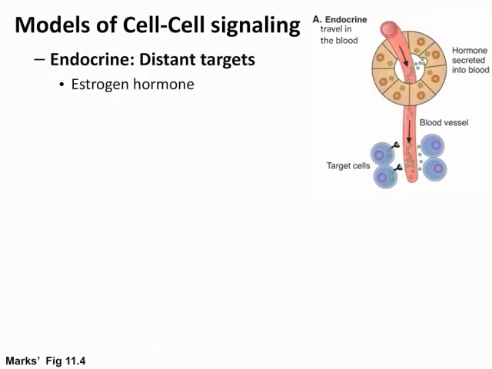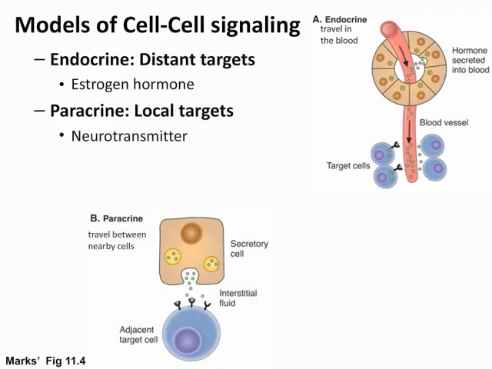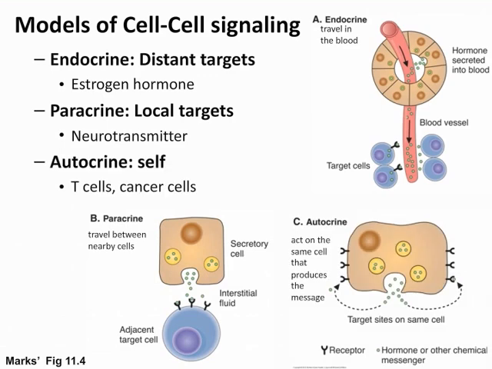So chemical messengers are often classified as either endocrine, paracrine, or autocrine. So it's important to know the difference between the 3. So endocrine are distant targets. So if you look at picture A, you see that a hormone is secreted into the blood and it travels to a target cell. So that's going to be a distant target. So an example is estrogen hormone. Paracrine are local targets.